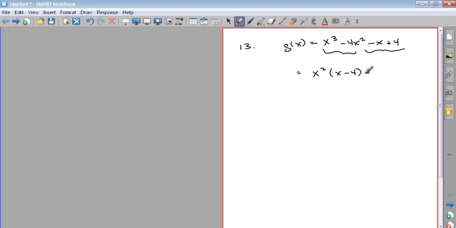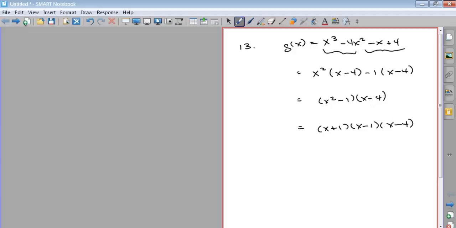And if you factor out -1 from the other pair, you get x minus 4 as well. So you have that common factor, and you can put those together and get x squared minus 1 times x minus 4. Then you can factor this into x plus 1 and x minus 1, and so you get all the answers.